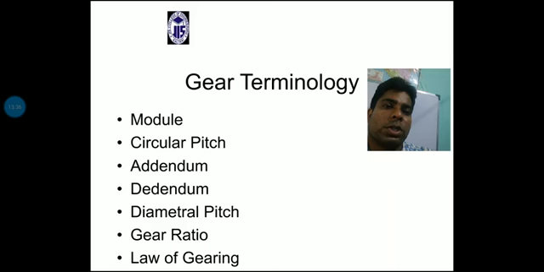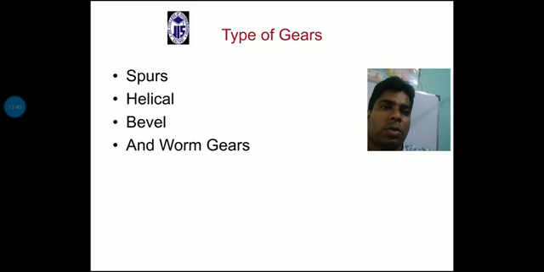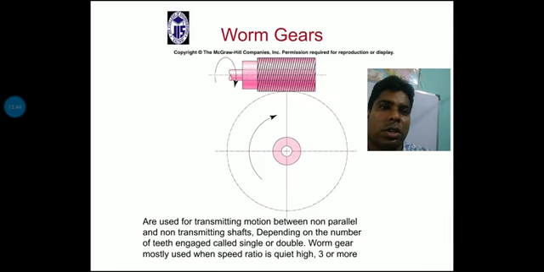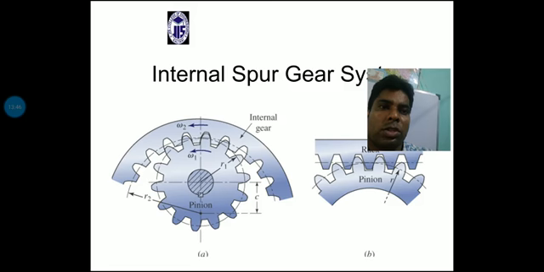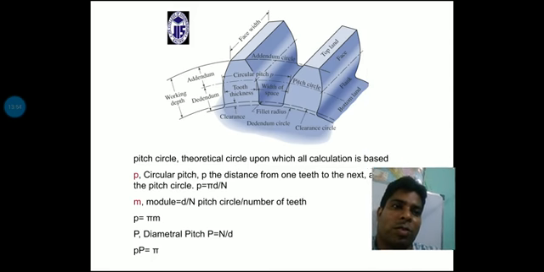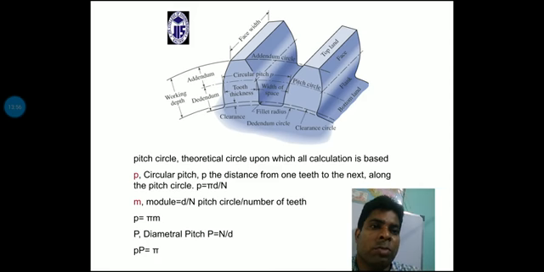Below the pitch circle diameter means, if I see the figure, suppose one figure is there. Here we can see the addendum circle and the pitch circle dia.